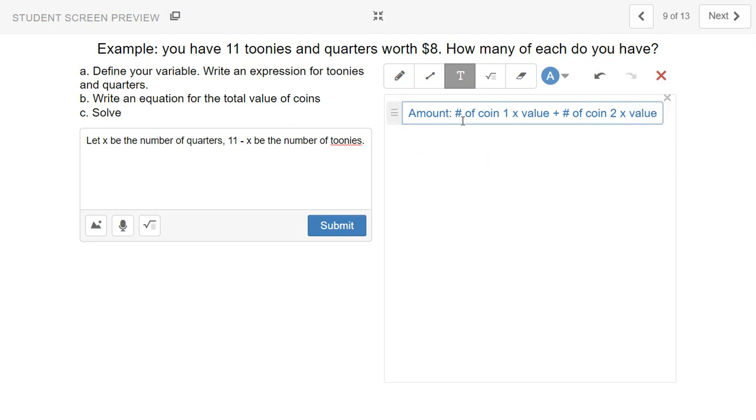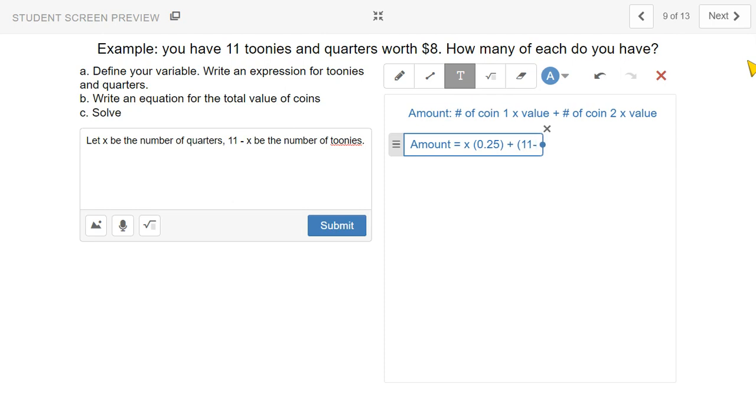In this case, the number of coin 1, so the number of quarters that we have, is represented by x. We have x times the value of quarters, 0.25, and then we're going to add the number of coins, 11 minus x, times $2.